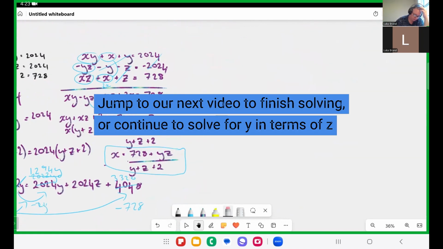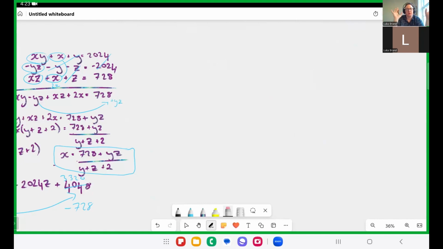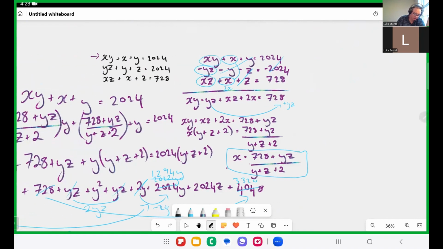Oh, we didn't have to do both. So let's solve. You may have chosen to do this equation here instead.